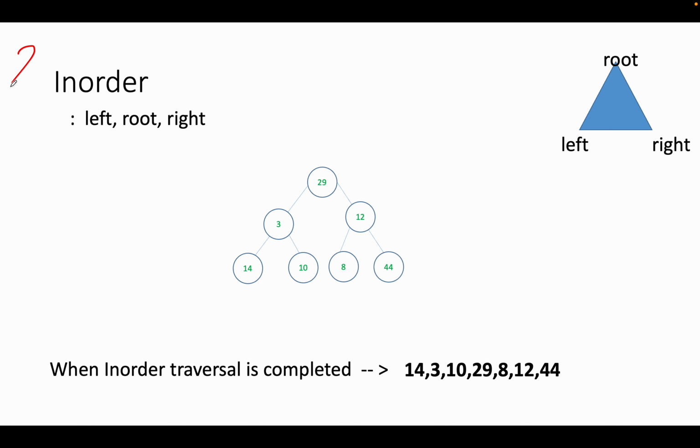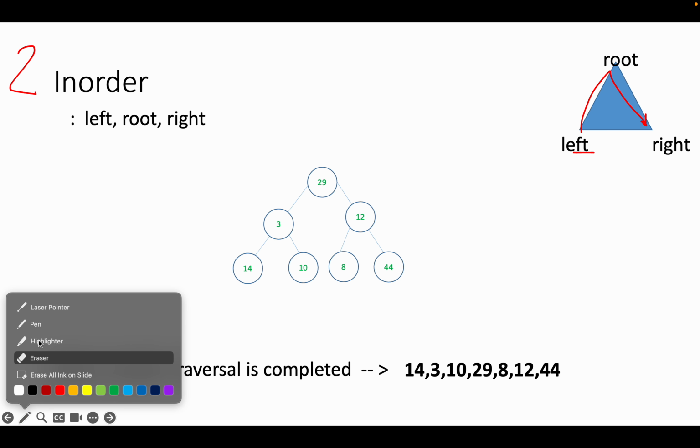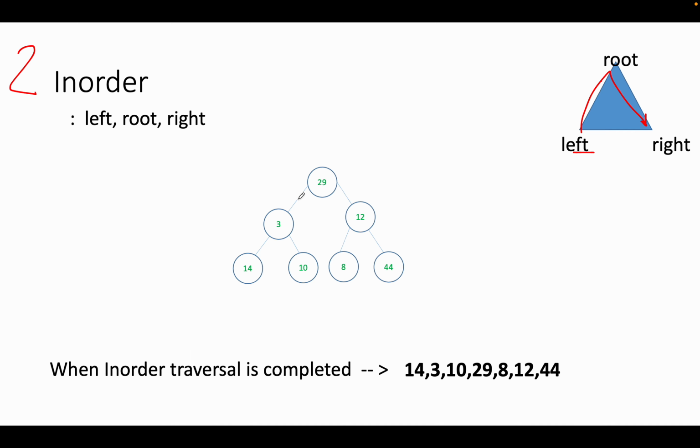The second one is in-order. For in-order, we're gonna start from left, root, and right. Left, root, and right. So it's going this way, okay? So what we're gonna do is start with the left.